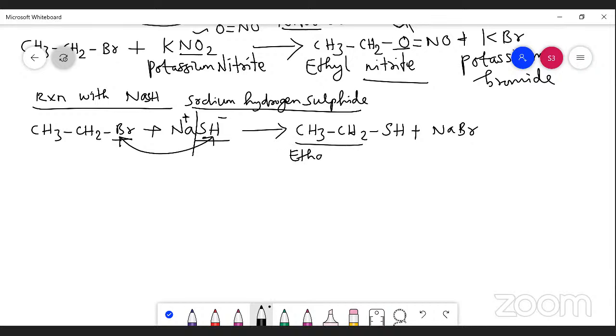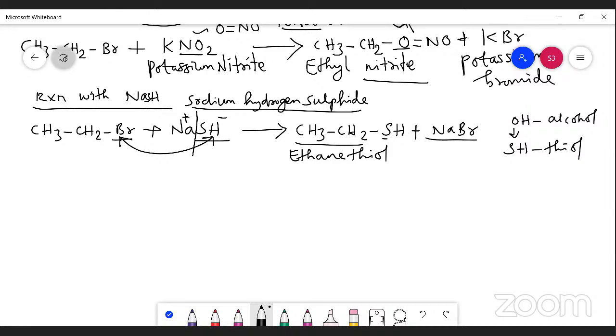Now here this is ethane, a 2 carbon ethane. Whenever there is SH, it means thiol. We know already that OH means hydroxy or alcohol. Instead of the O, if I replace with SH, this is a thiol. So like that, we give the name ethane thiol.